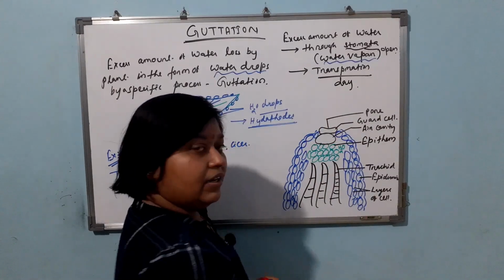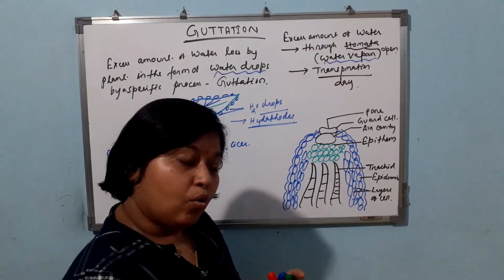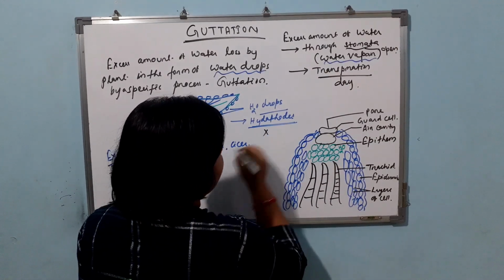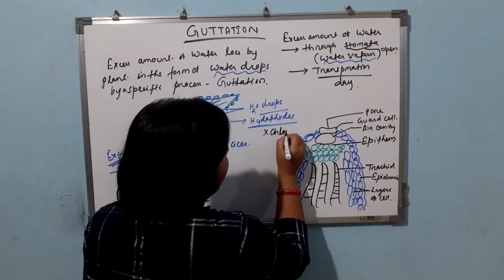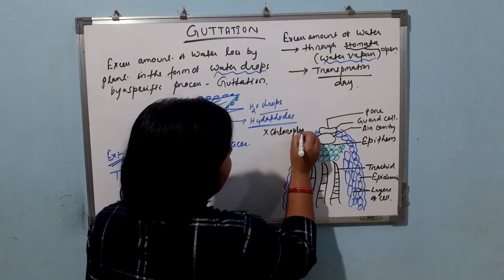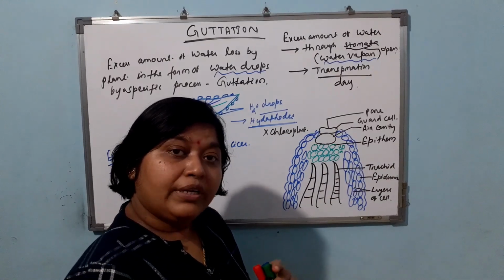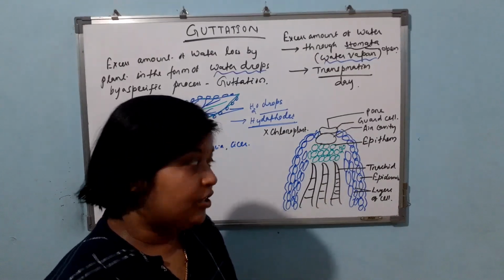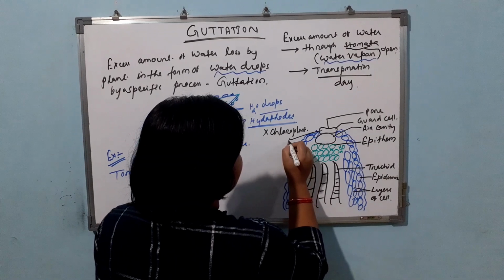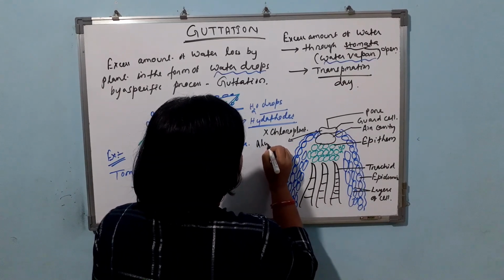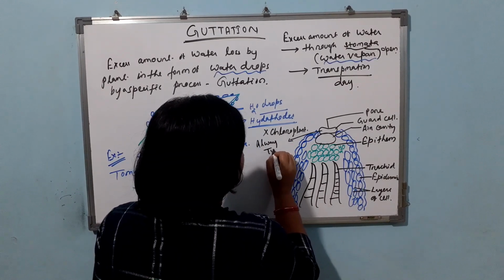These guard cells do not have chloroplasts, and both guard cells are always turgid.